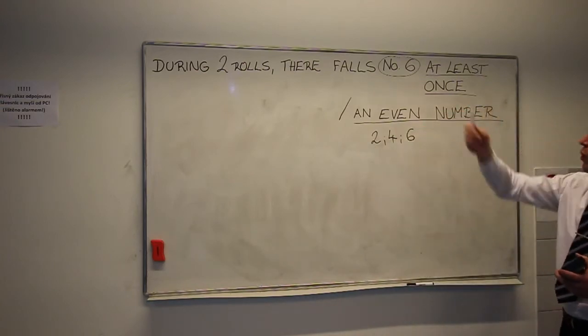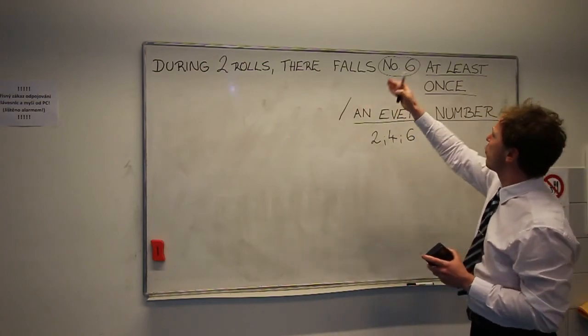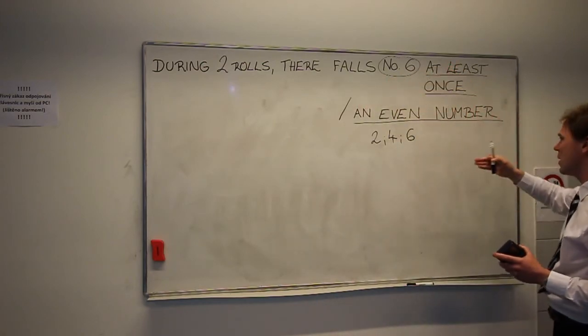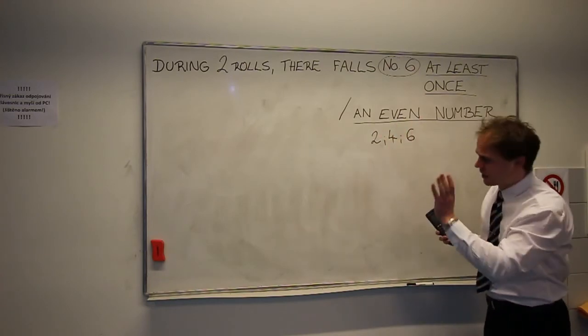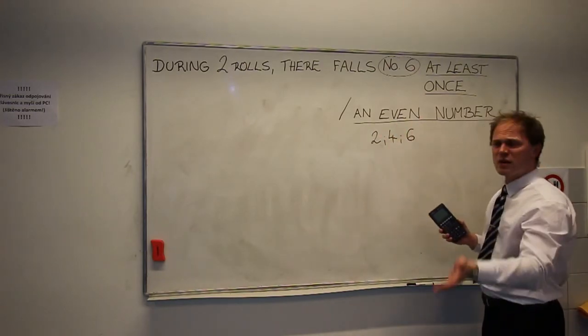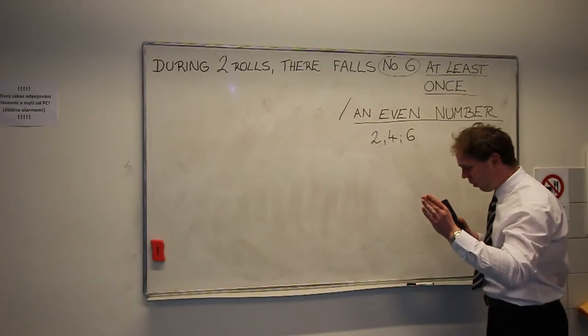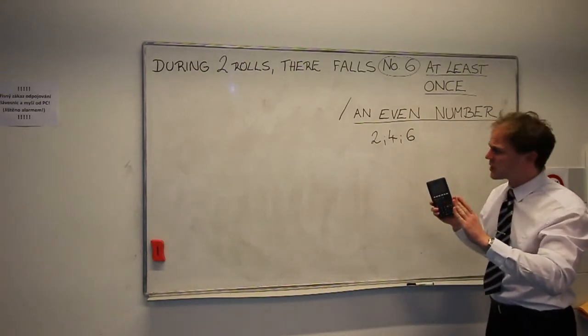And we have two rolls. During two rolls, there falls an even number at least once. So either in the first case, or in the second case, or in both cases together.